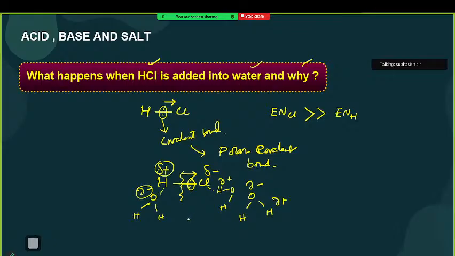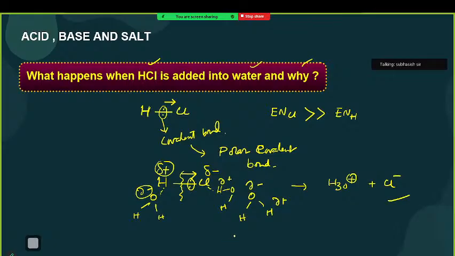Though it is a covalent bond, H plus and Cl minus separate due to its polar nature. So HCl is ultimately converted into H3O plus and also Cl minus. So this is the process of how HCl dissolves in water.